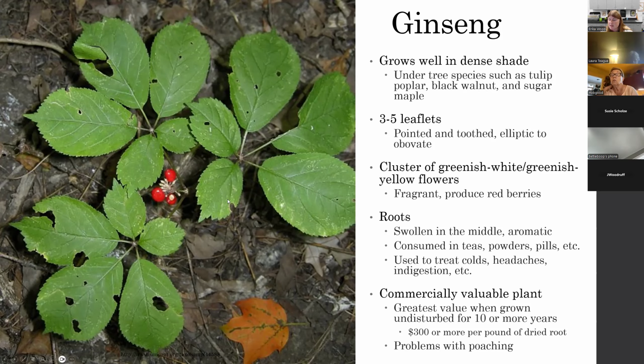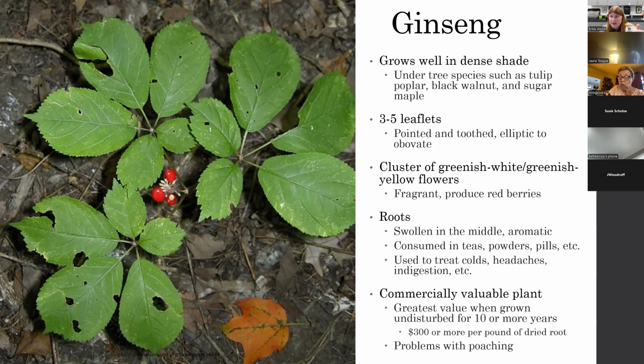Oftentimes, it's served as a tea, ginseng tea, powder, and pills used to treat, again, your more flu-like cold symptoms, headaches, even stomach indigestion. It's been known to help stop vomiting and stop convulsions. A lot of people may use it for some of those different reasons.